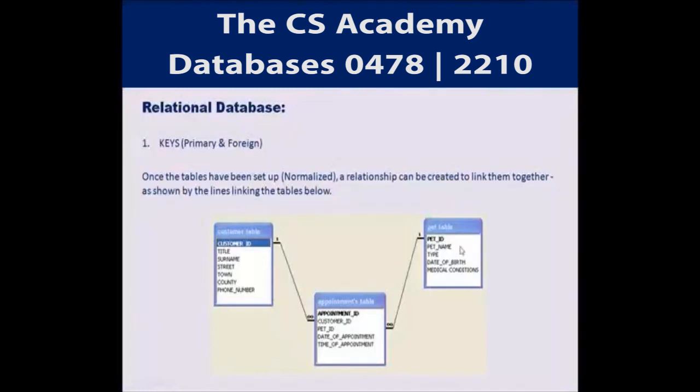On the other hand, you can see the pet table. Yes, pet ID is a unique ID, then pet name and pet type. Now you can see this is the unique one to many. Which pet came this week, next week or previous week, or which type of appointment has been given to the pet, or which ID has been assigned to the pet.